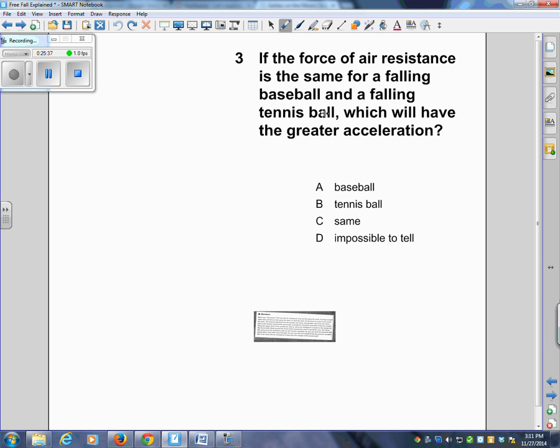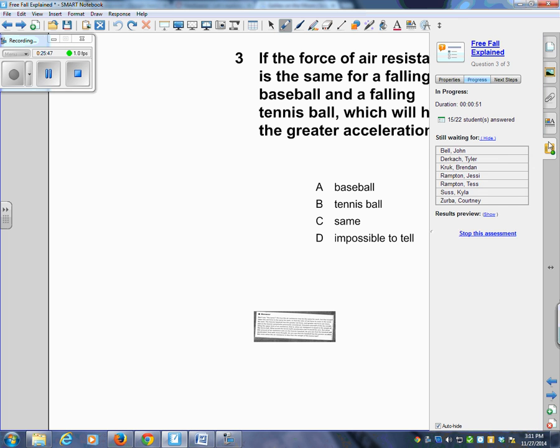Doesn't say that. I'm just glad to hear you guys talking about this stuff. Without air resistance, if there was no air resistance, they'd fall at exactly the same accelerations, right? It's air that causes the trouble.